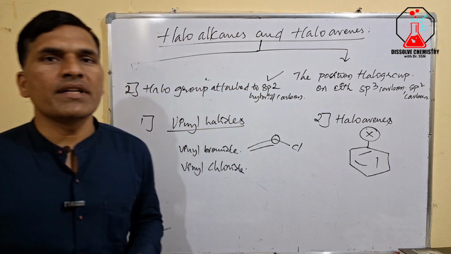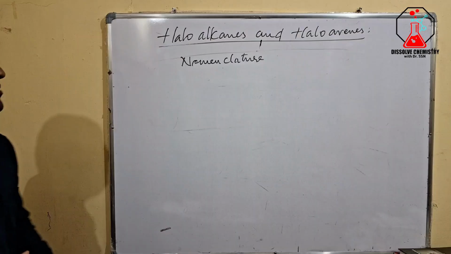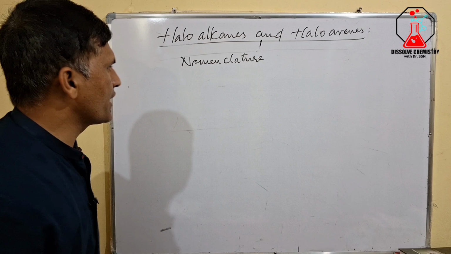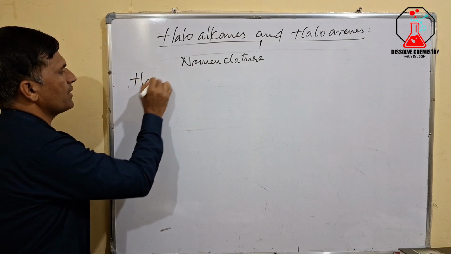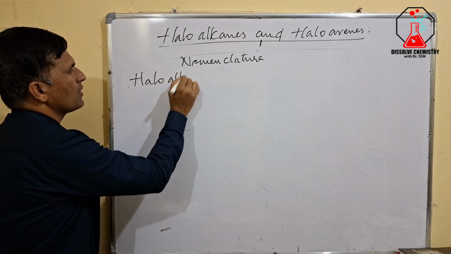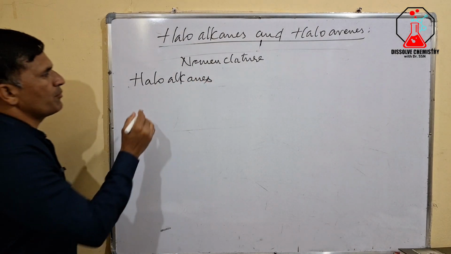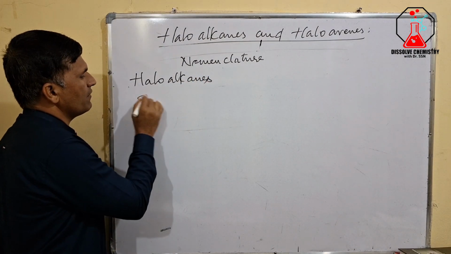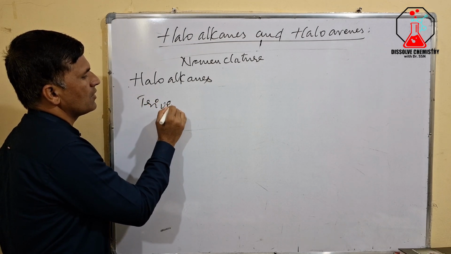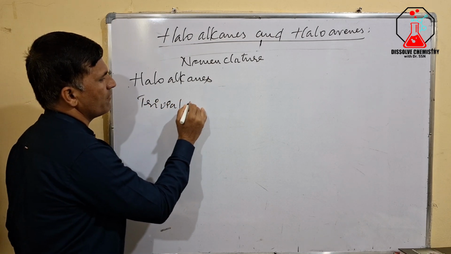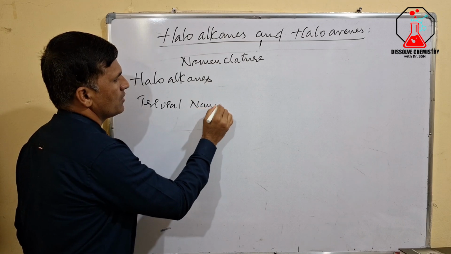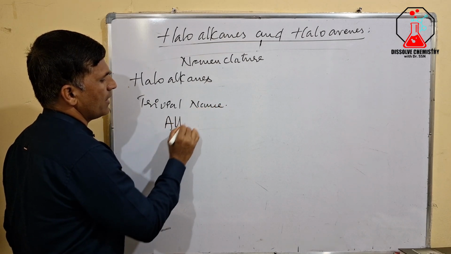Okay, so let us move on to the next, nomenclature. First we will take haloalkanes. How are they named? In the trivial system, or common names, what we call trivial names, they are named as alkyl halide.